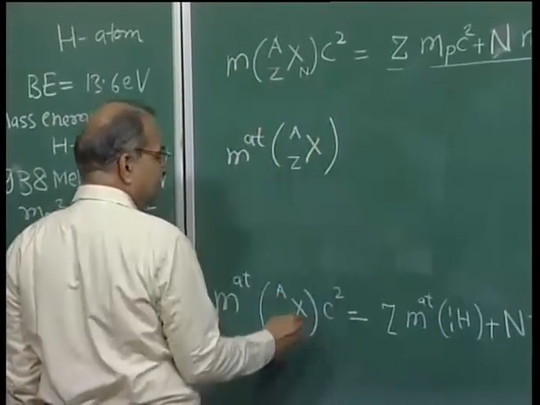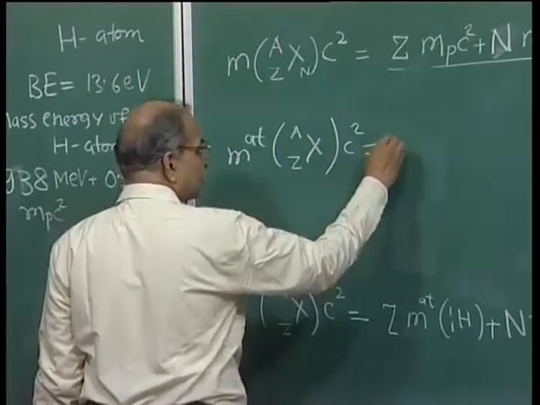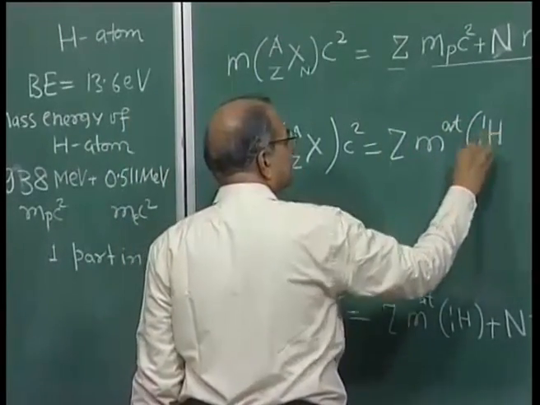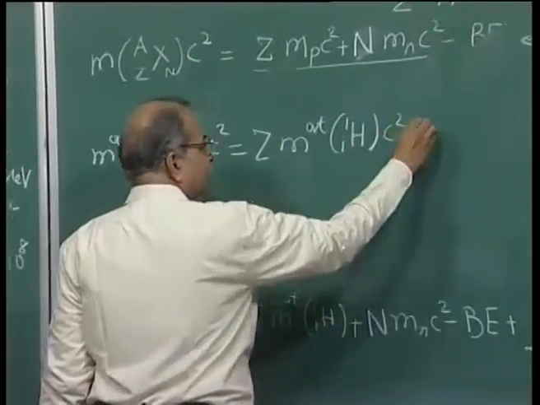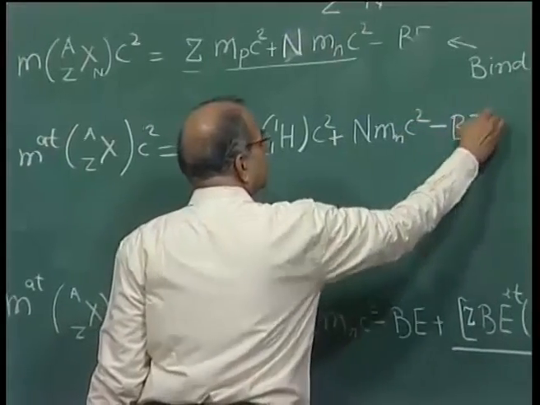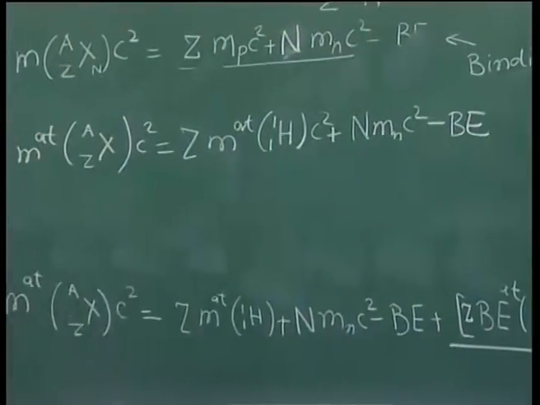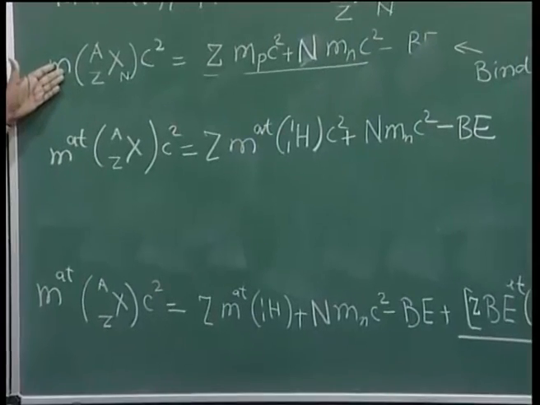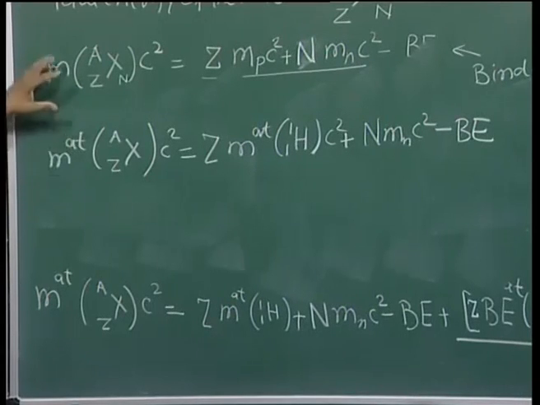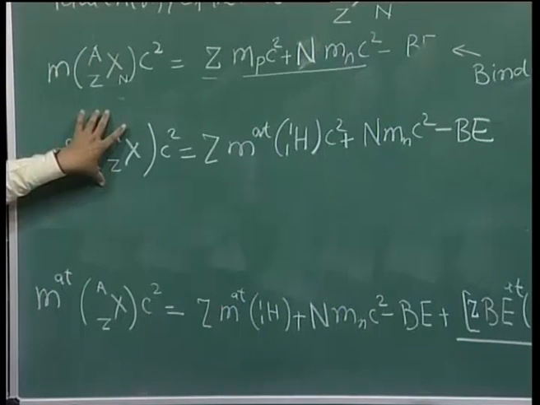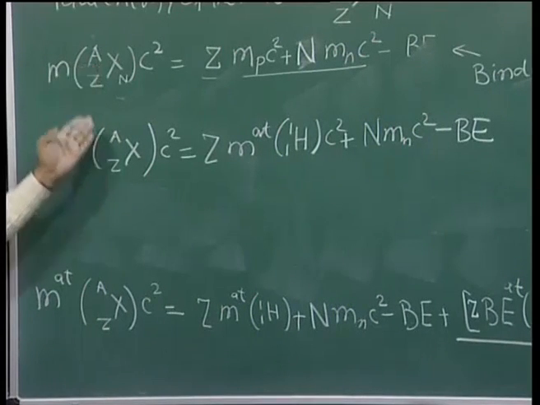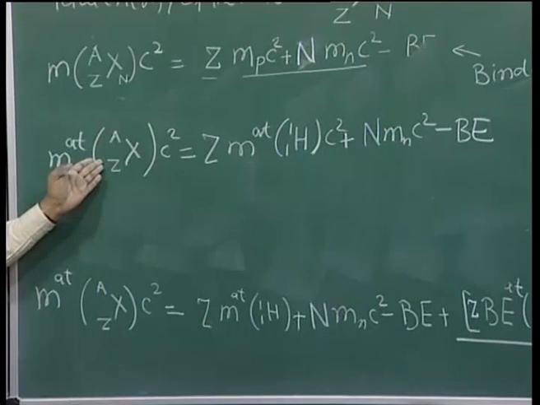So, this atomic mass c square equals Z times atomic mass of 1H1 hydrogen atom c square plus N m_n c square minus B_e. Compare, same terms are there. Instead of nuclear mass, now it is atomic mass. Instead of mass of nucleus, I am writing mass of a neutral atom having the same nucleus.